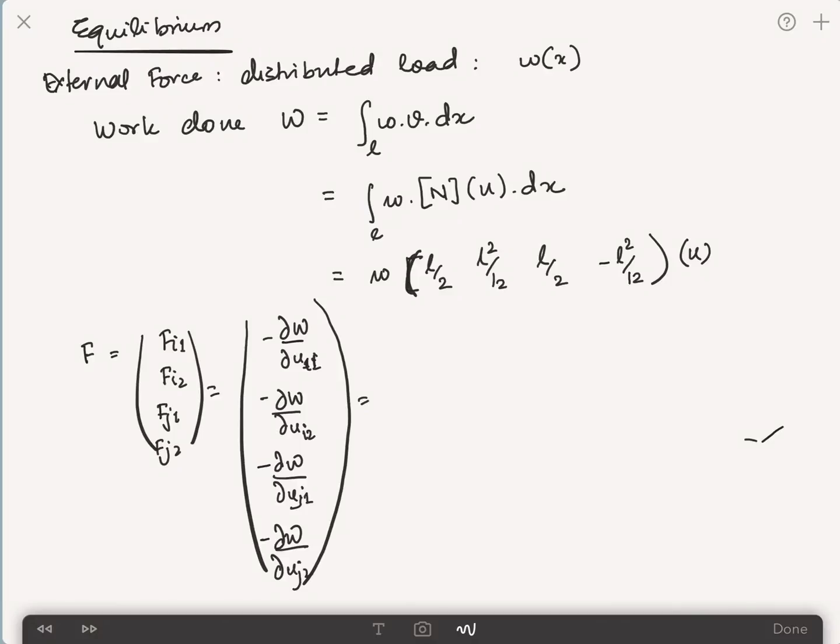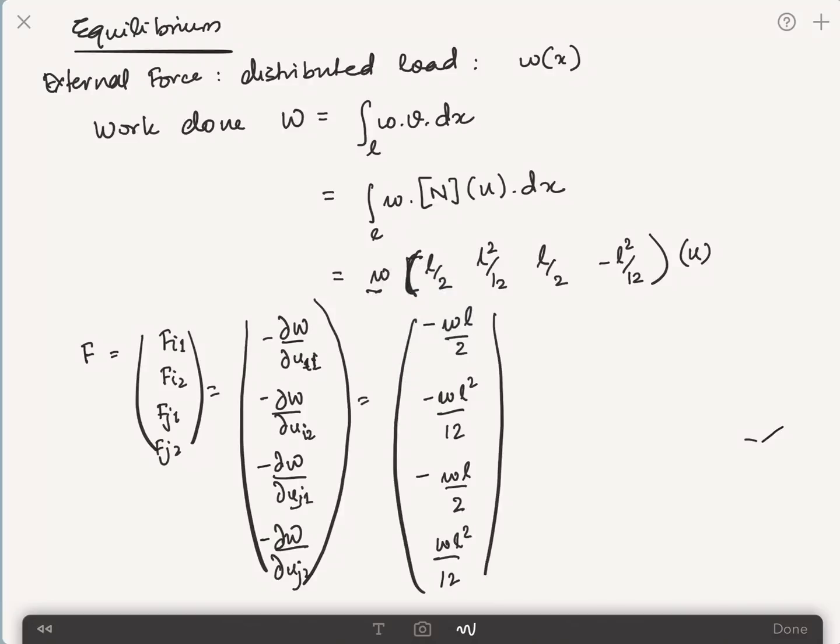So what you would have left in this case is basically W multiplied by each of these terms over here, and the U will be gone because you are partially differentiating it with respect to U, and of course the negative sign. So what you get is minus WL by 2, minus WL square by 12, minus WL by 2, and WL square by 12.